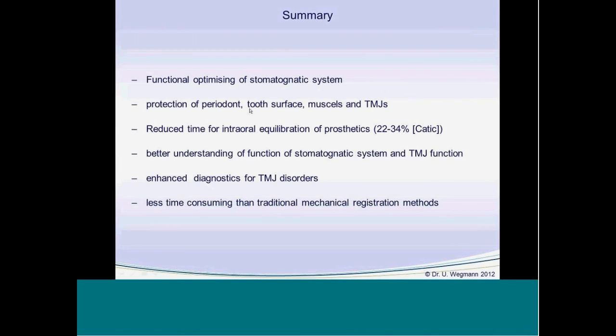As I said before, we can reduce the time for intraoral equilibration of our new prosthetics. In this research, they found out that the reduction is 22 up to 34% of the time we need without these electronic registration systems.